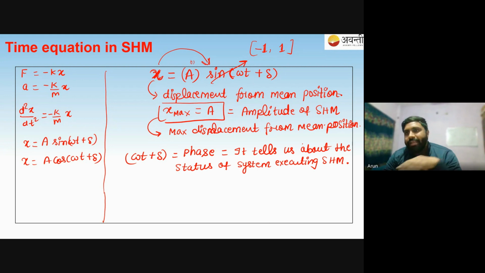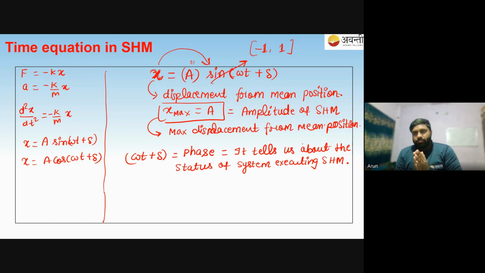In the same way, if I talk about SHM, we may have a body which is executing to and fro motion. So this phase tells us at what time, at what position our object, our block, is. That is the status in SHM. Okay. You can clearly see here, it is sine omega t plus delta.